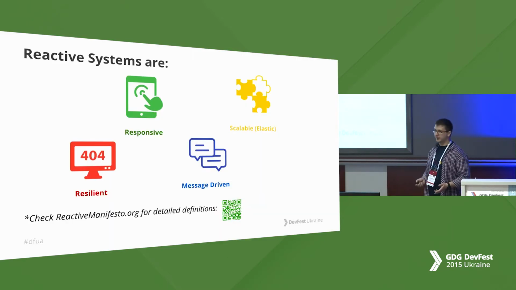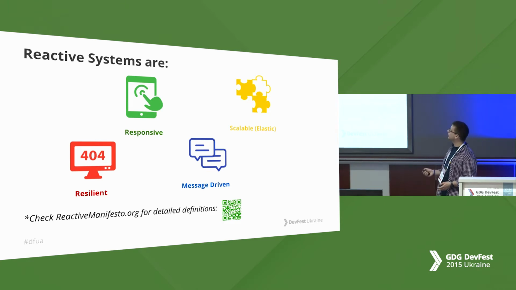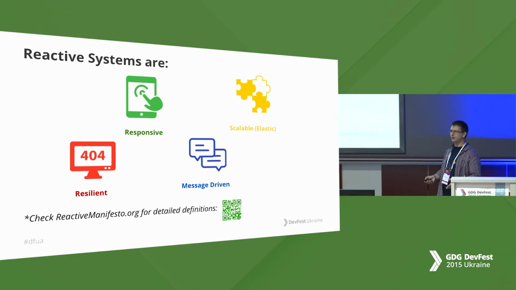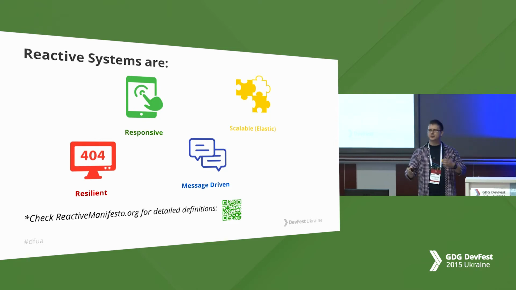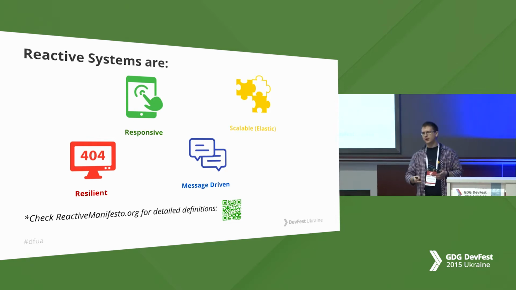Summing up the basics, we come to four main parts, four main meanings of the Rx. What does it mean? Reactive systems are, at first, responsive. It means that, especially for Android, we will not freeze the UI while our stream is downloading data from the network or reading files from the file system or something like this.